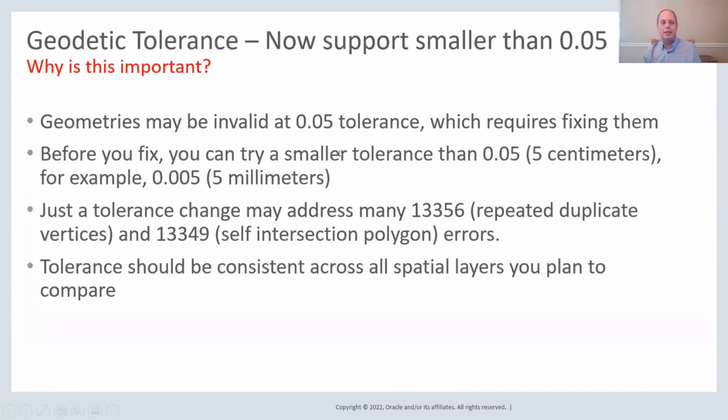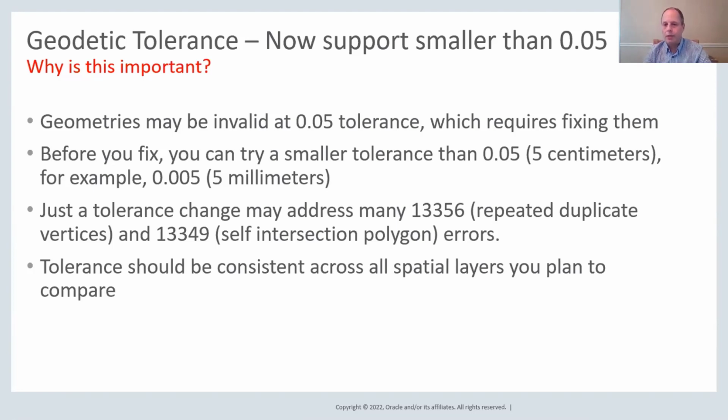This is a kind of neat thing, right? When you're working with longitude, latitude data, we always used to say that the smallest tolerance that we support because of our algorithms was 5 centimeters. Now we support smaller than 5 centimeter tolerances. Now, why is that important? I come across customers with data that's invalid. They're not getting the results they want. Then I look and their data's invalid. And the first thing I try to do with them is, hey, let's go try to fix this.